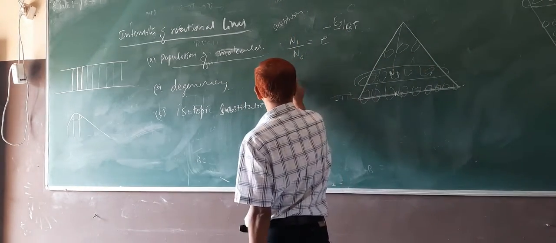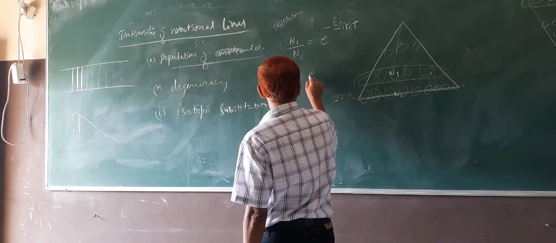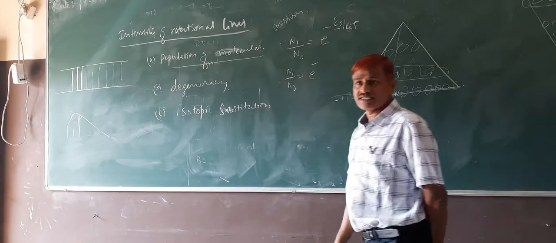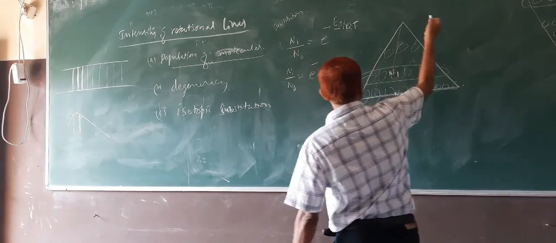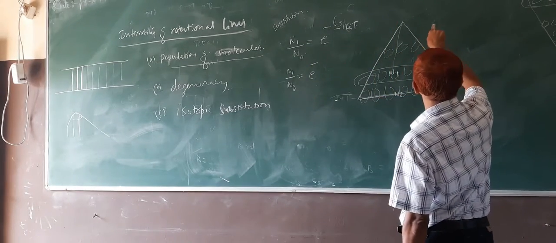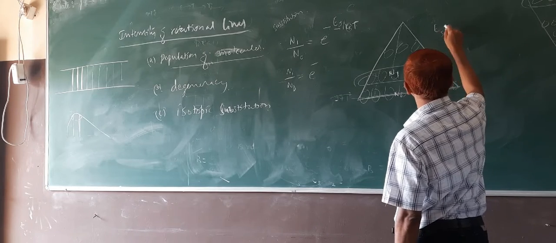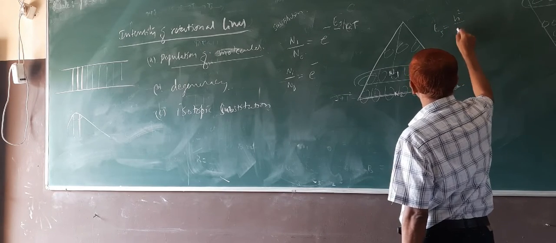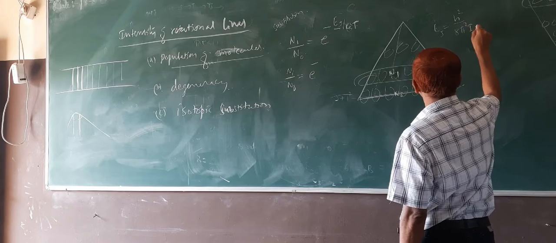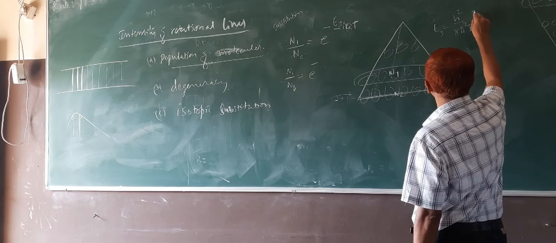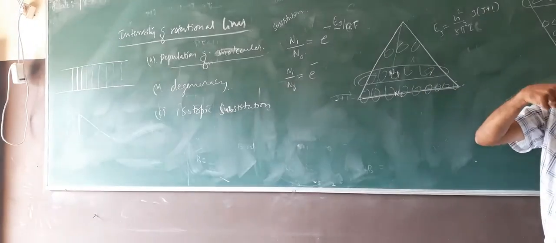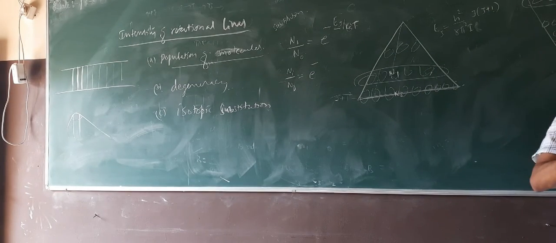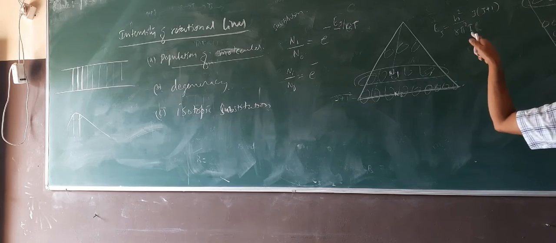N1 by n0 is equal to e to the power of minus Ej by kBT. Ej we have written before as h square divided by 8 pi square I into j into j plus 1, in joules.